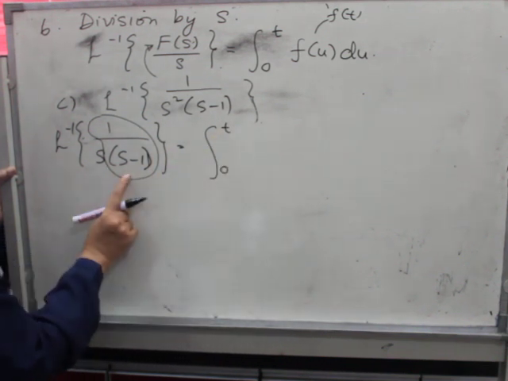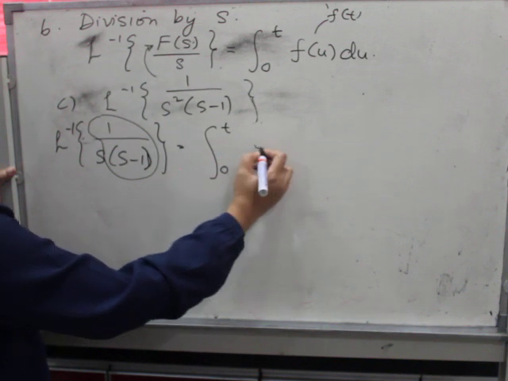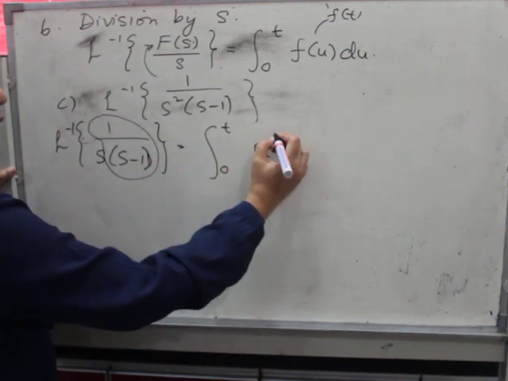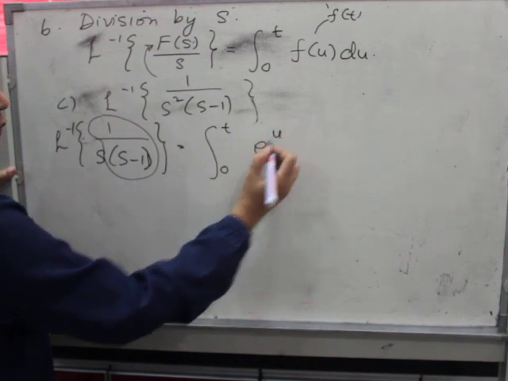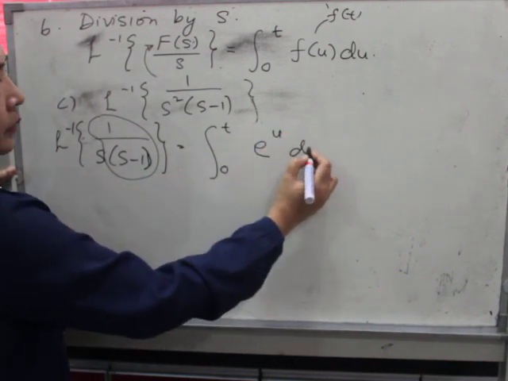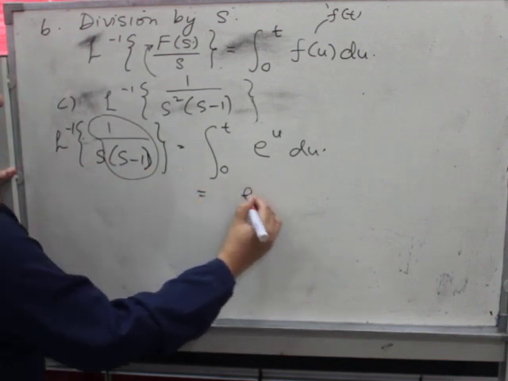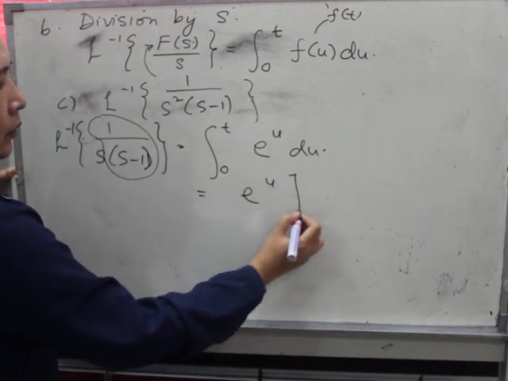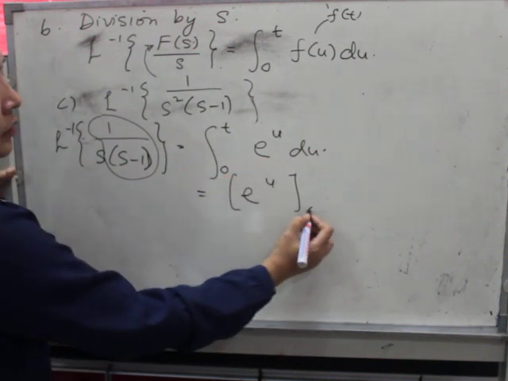So f(t) here is the inverse of 1 over S minus 1, which is e to the t, where a is 1. So in this integral, e to the u du for the first division. So we integrate e to the u with respect to u, divided by 1, from 0 to t.